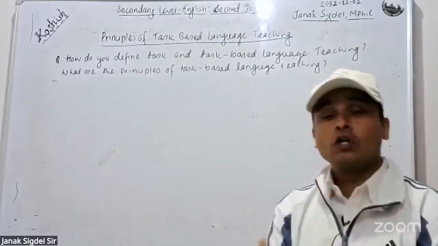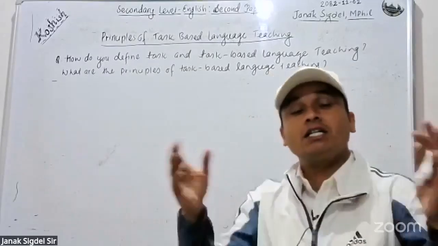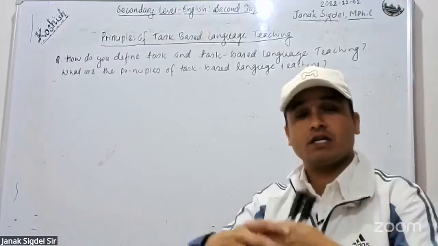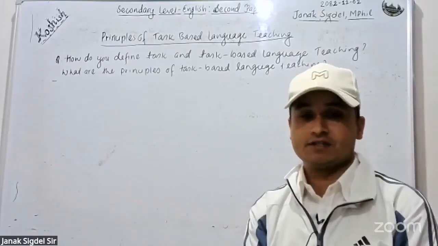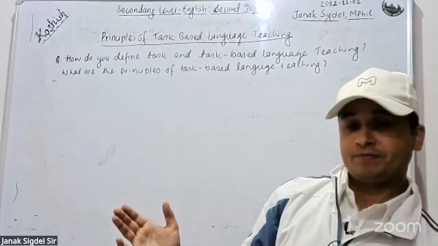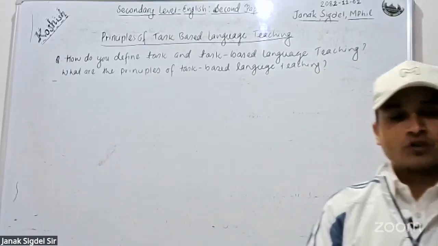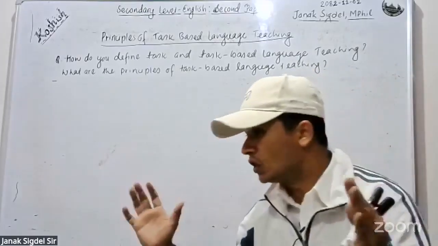That means learners learn language by doing. They learn language by engaging in various purposeful, real life, communicative activities. So communicative activities are themselves the tasks, right? So students must play the active role.